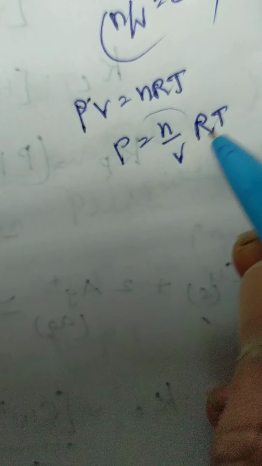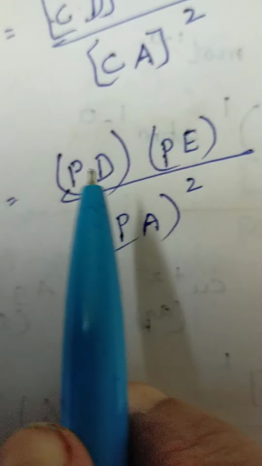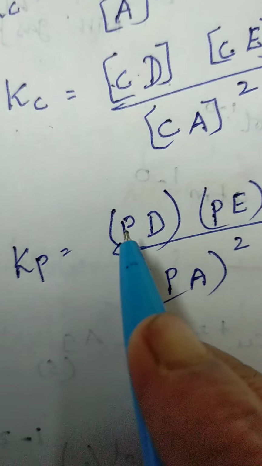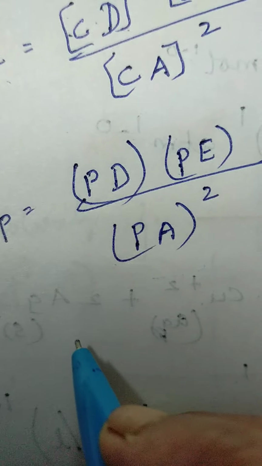So P is equal to CRT. Now you can substitute this CRT wherever P is there.